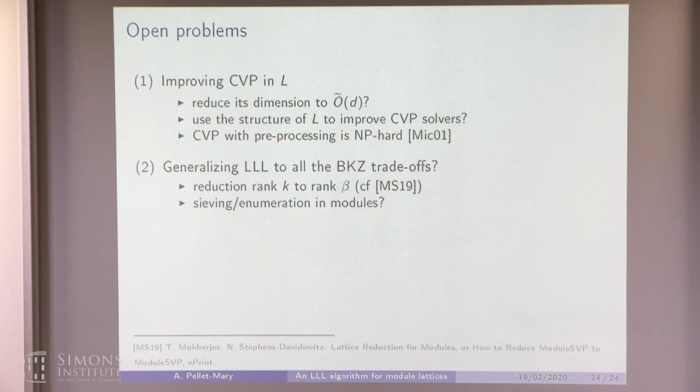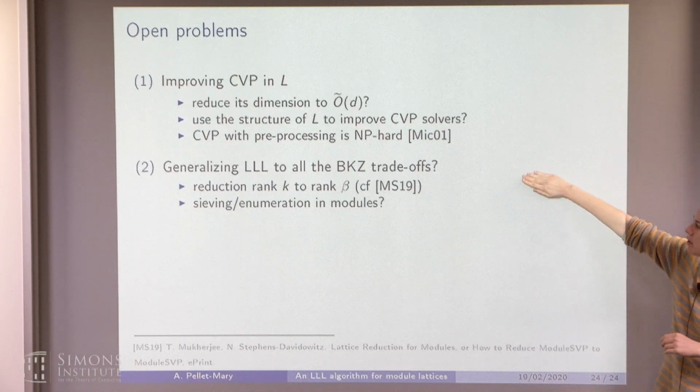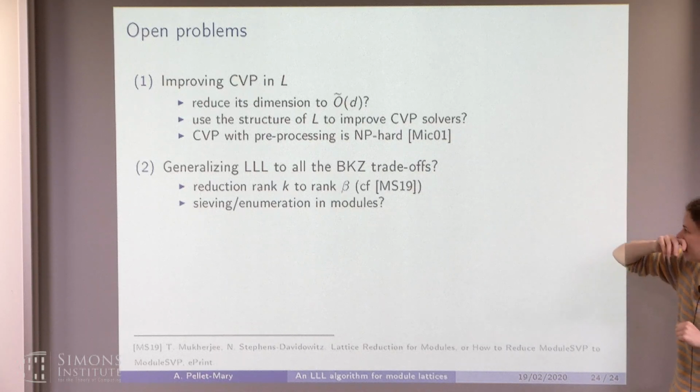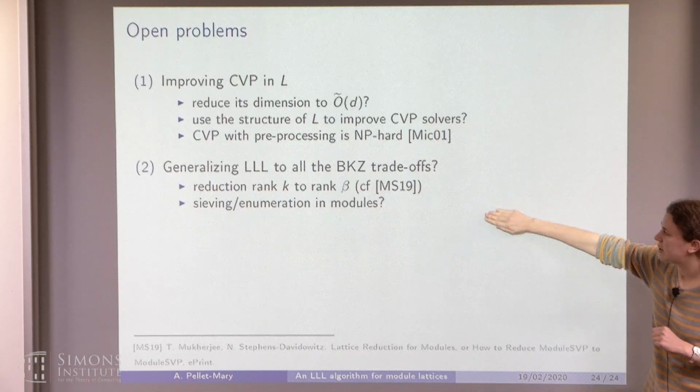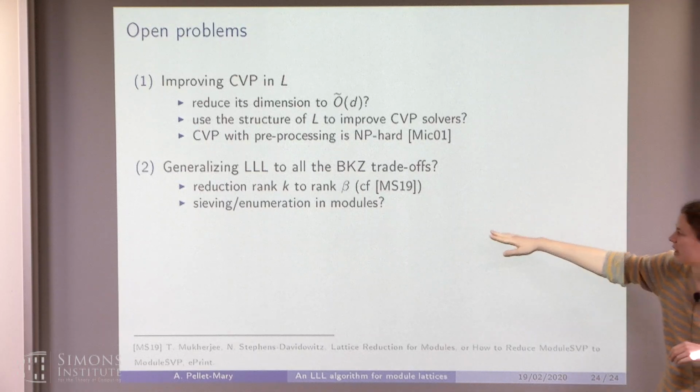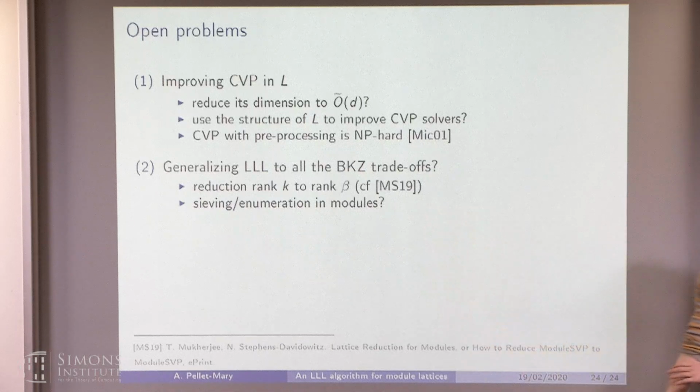The second open question I wanted to mention is, can we generalize this LLL to BKZ to get all the trade-offs? We already have part of the reduction, which goes from rank k to rank beta. This is Noah and Tamalika. But the challenging part, which is open to what I know, is can we do any sieving or enumeration in modules of rank beta?